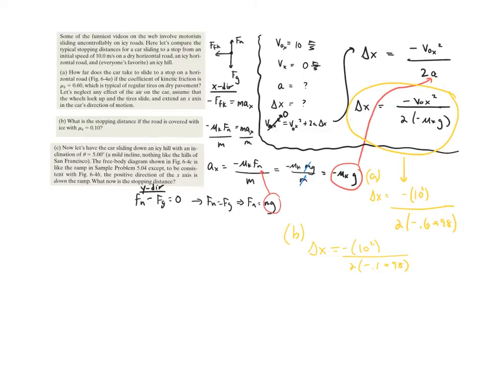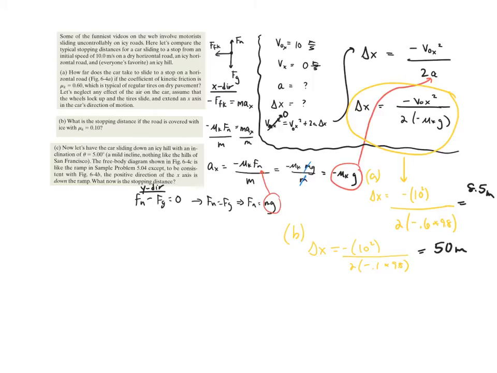By the way, numbers-wise, your text has the answers because this is one of the samples out of your text. But this is around 8.5 meters. This is around 50 meters. That's the difference that comes out to be. So just adding ice to a surface, instead of taking 8 meters, which is like the distance across the room it would take to stop going 10 meters per second, which is not that fast to start.